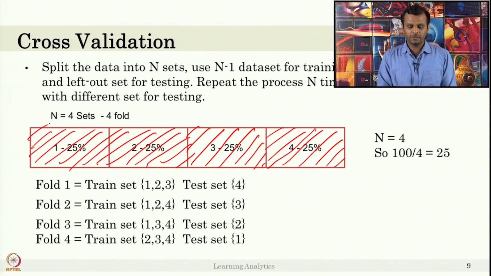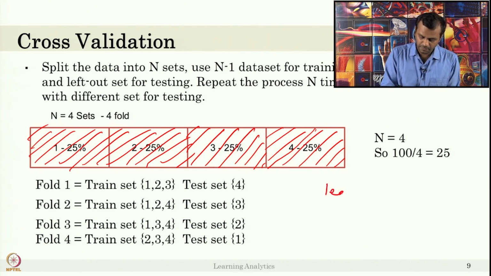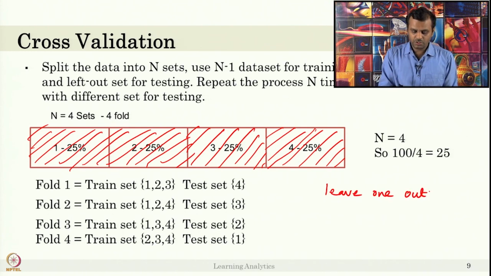There is one more type of cross validation, called leave one out. In this leave one out approach, suppose you have n number of data, where n is the total number of samples.